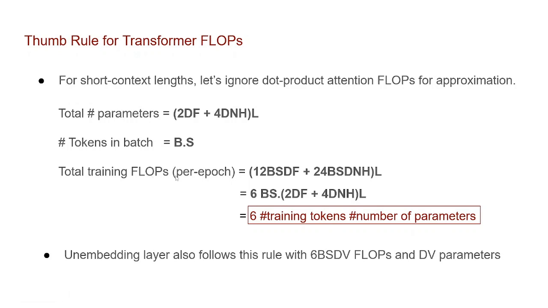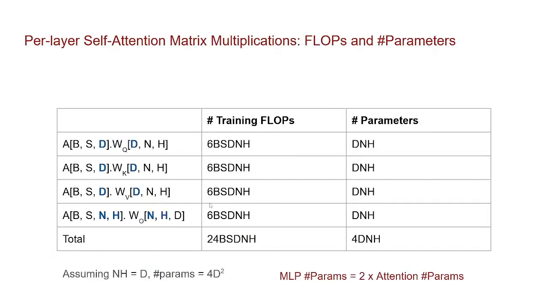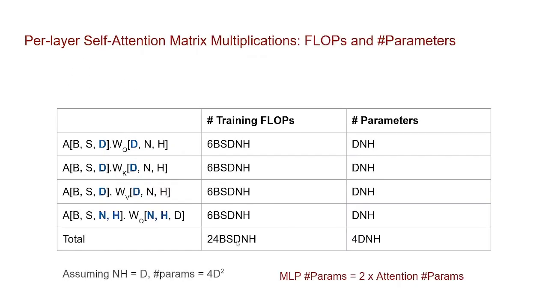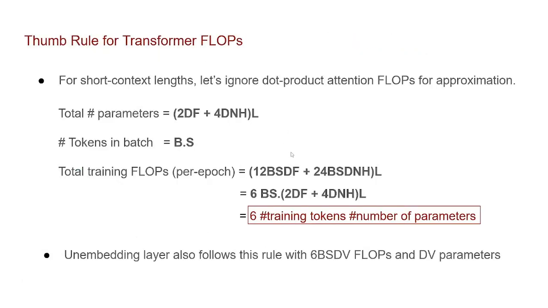And adding up the training flops for the MLP layer and the linear projection of attention layers, for all the layers, we have this quantity. So basically, we added up this 12 BSDF for MLP and 24 BSDNH for linear projections in attention.